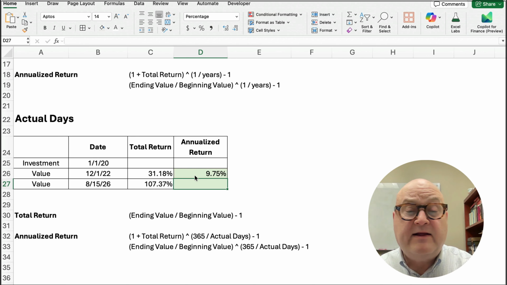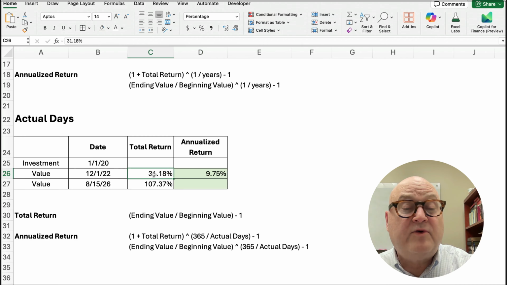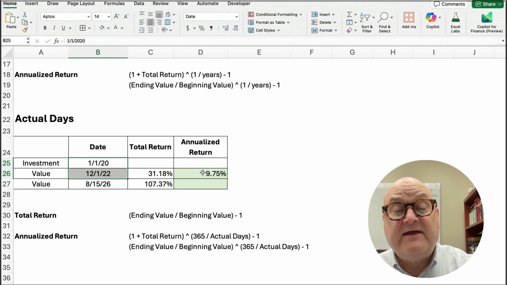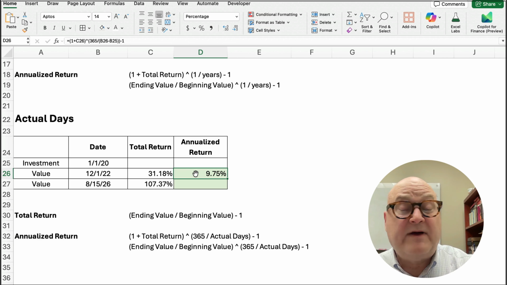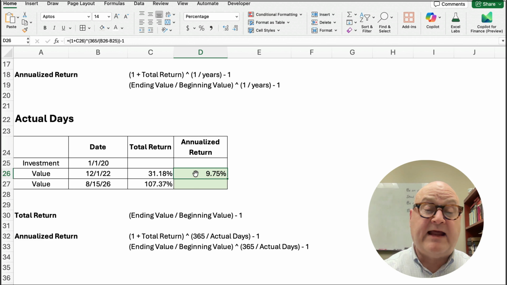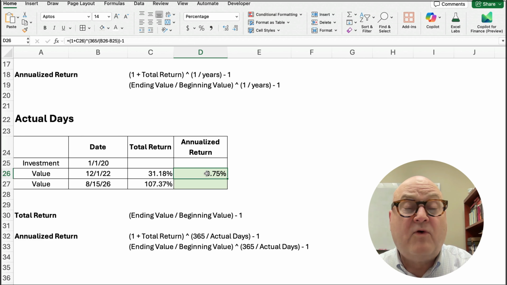So what is our annual rate of return? Well, if we earn 31% in almost 3 years, then we have earned about 9.75% on an annualized basis on a 365-day basis.